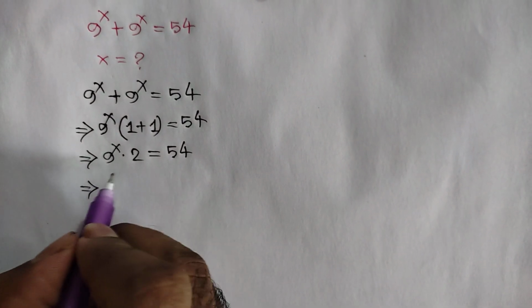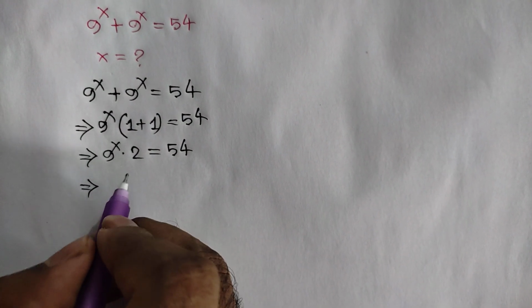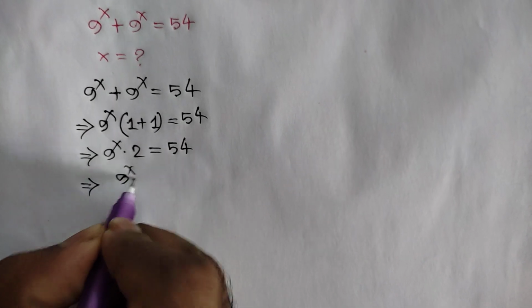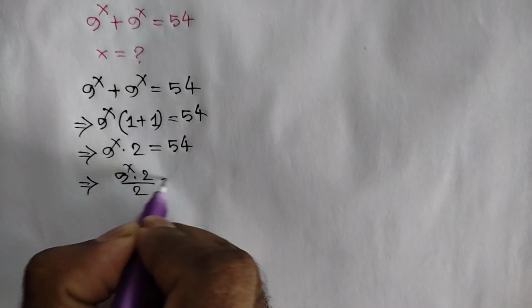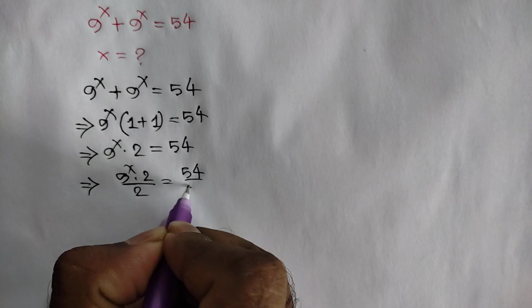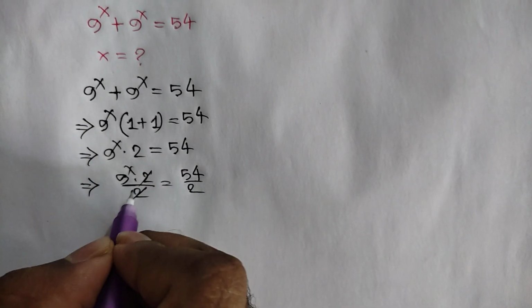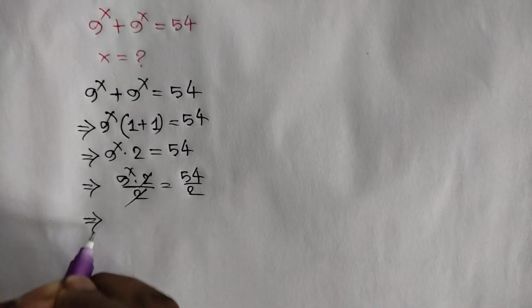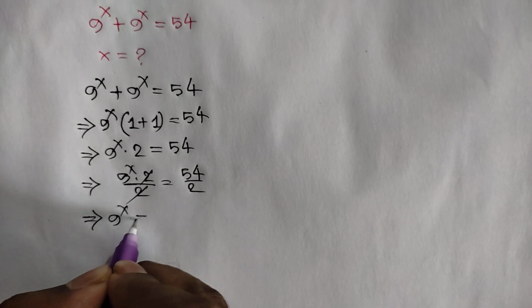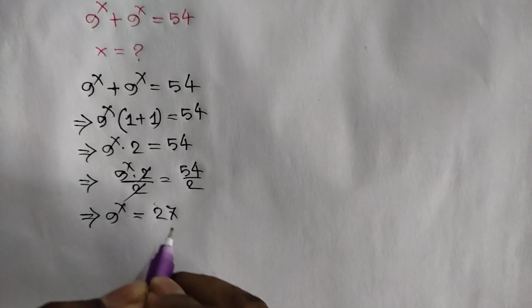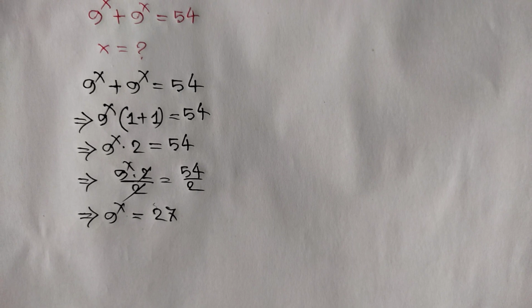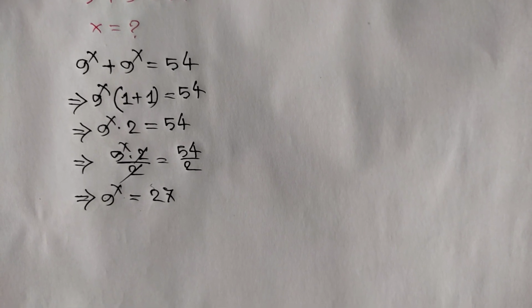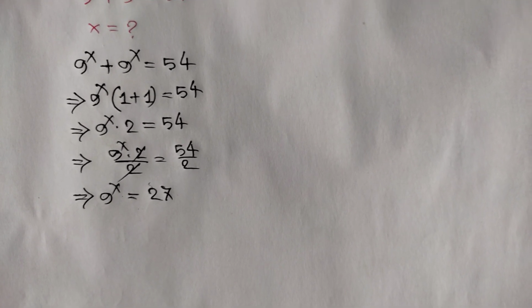Divide both sides by 2, we can write 9 to the power x times 2 over 2 is equal to 54 over 2. These two cancel out, so 9 to the power x is equal to 27. We are going to solve this exponent equation by two methods.